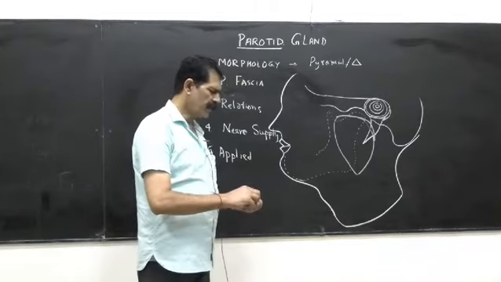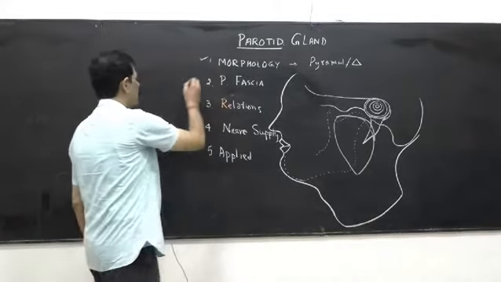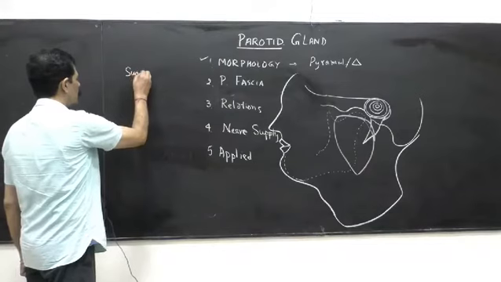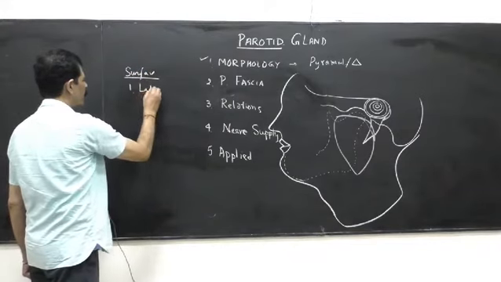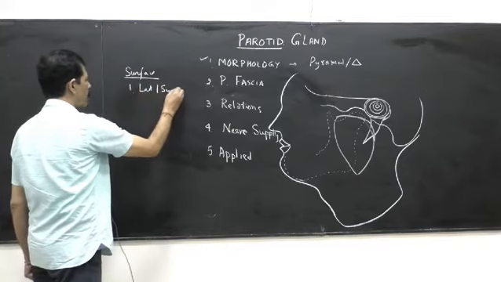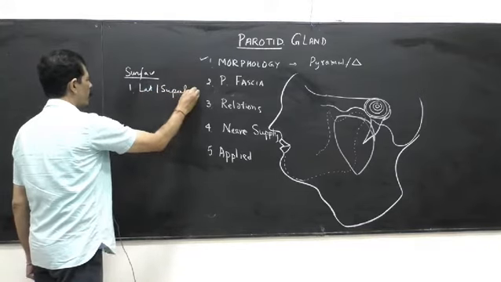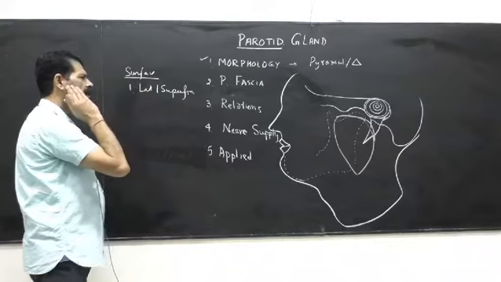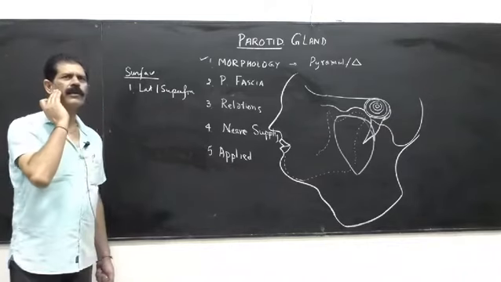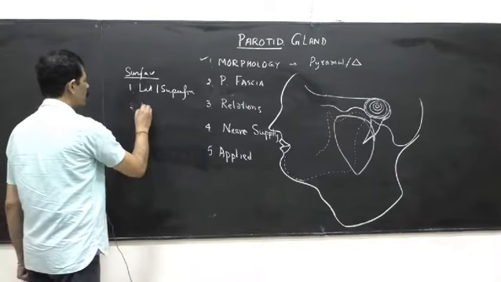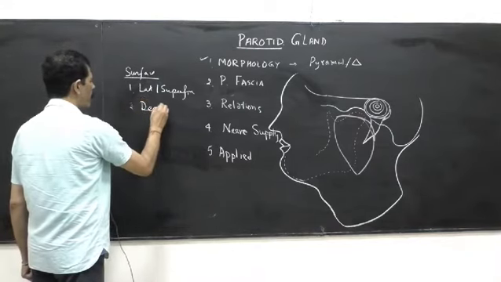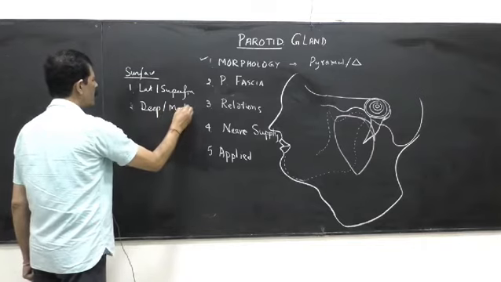Regarding its surfaces, it has two surfaces. One is called the lateral or superficial surface, that we touch here. This is the lateral or superficial surface of the parotid gland, and below is the deep or medial surface.